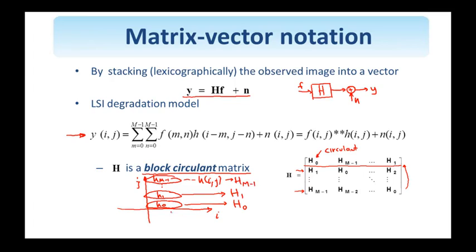So this impulse response that I show here is all that's needed to form this block circulant matrix, because for each block I need its first row, and that's all I need because it's circulant at the block level.